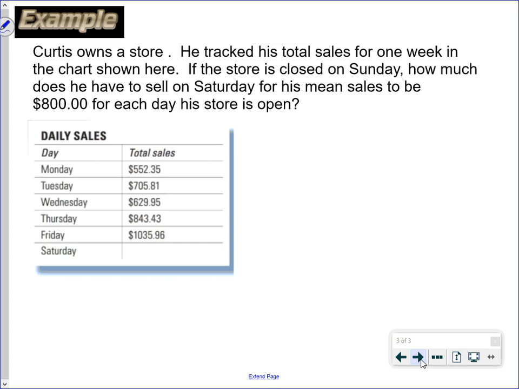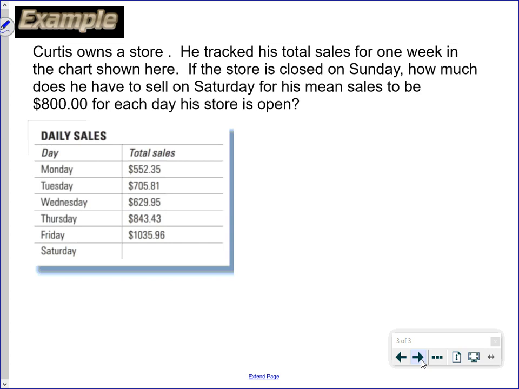In this next example, Curtis owns a store. He tracked his total sales for 1 week in the chart shown here. If the store is closed on Sunday, how much does he have to sell on Saturday for his mean sale to be $800 for each day his store is open?